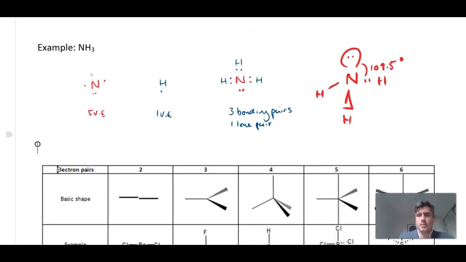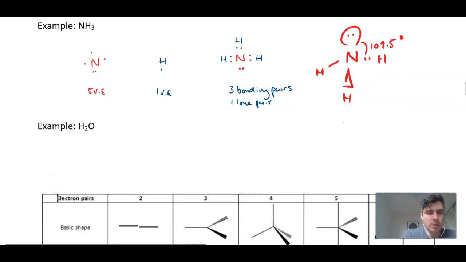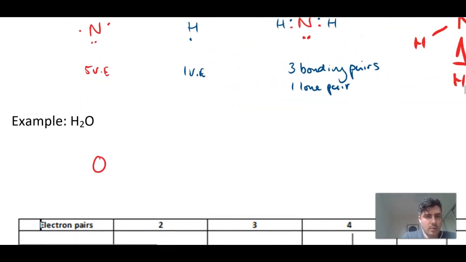The last example I'm going to do is water. Once again, I've got oxygen with 6 valence electrons and hydrogen with 1 valence electron.